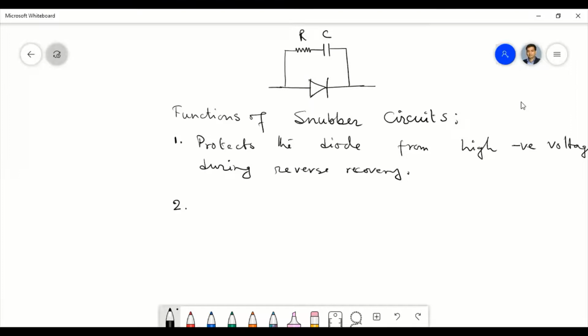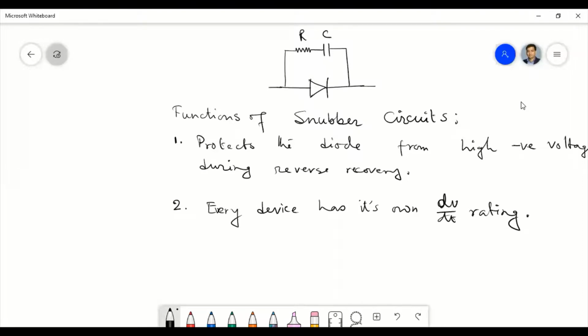Okay, so we can write here once more. Every device has its own dVdt rating, which is mentioned in the data sheet of that particular device.